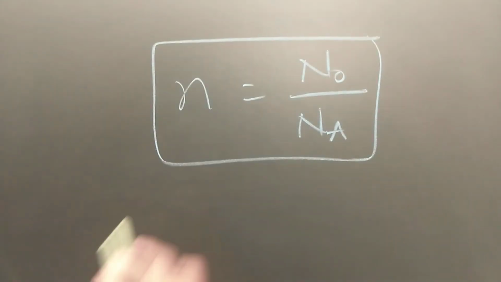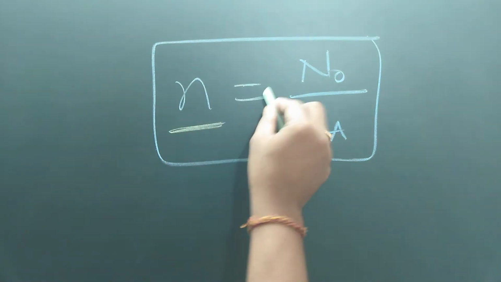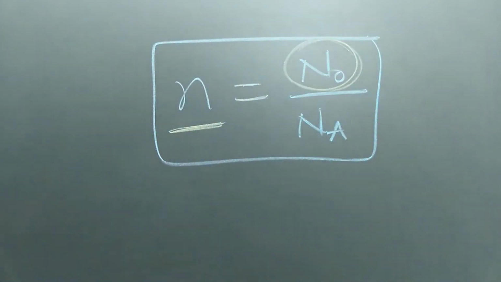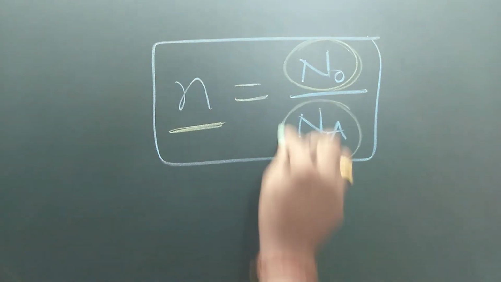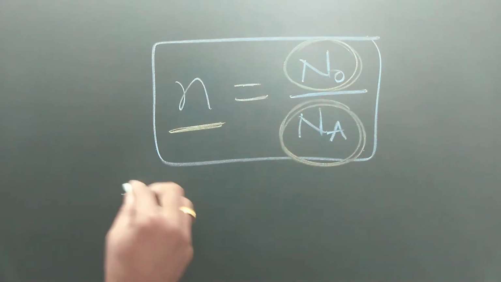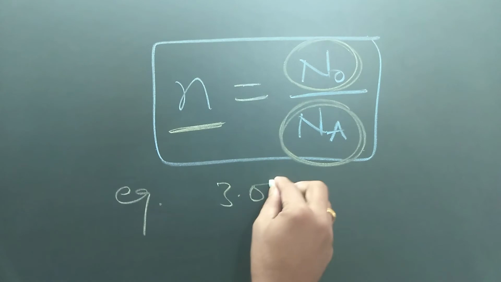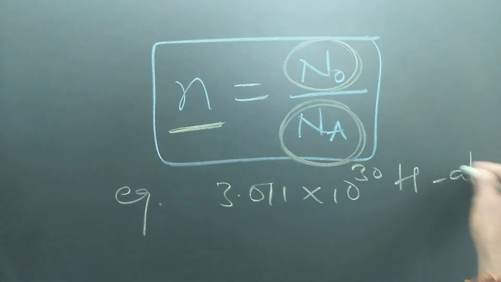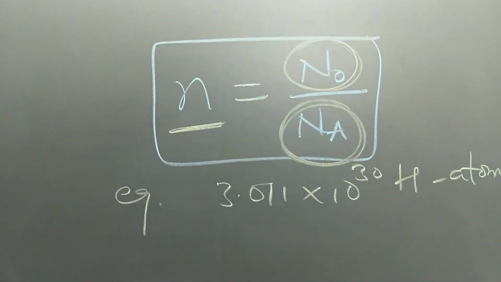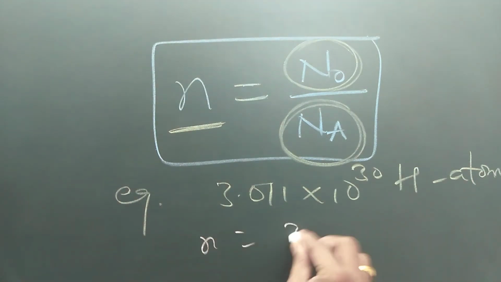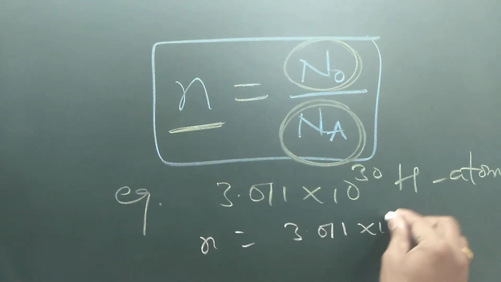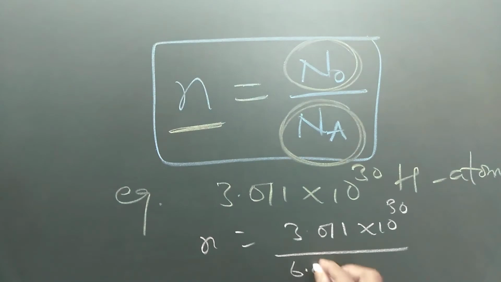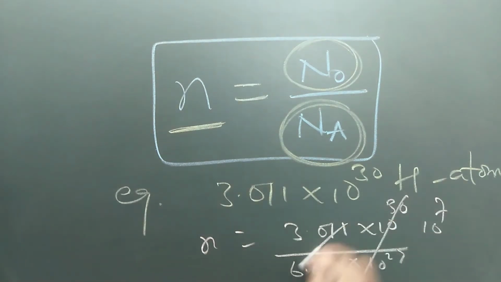Another formula to find the mole is total particles, which can be atoms, ions or molecules, divided by Avogadro number. Suppose we see an example. 3.011 into 10 to the power 30 hydrogen atoms are there. You have to find the number of moles. You just divide this given number by Avogadro number, 6.022 into 10 to the power 23, to get the moles.